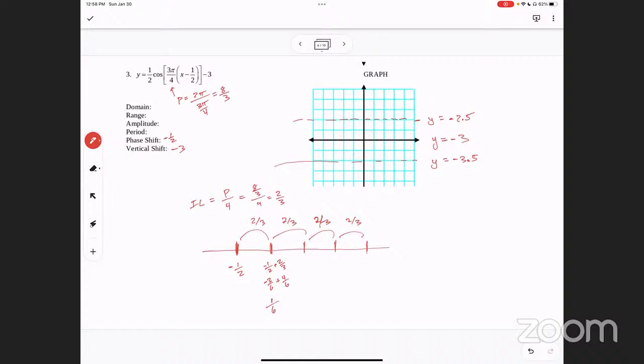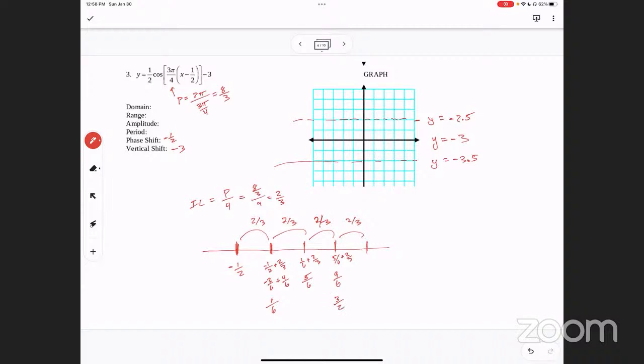Got it? Now I'm adding 2/3 to 1/6. 2/3 is like 4/6, so this is 5/6. Now I'm adding 2/3 to 5/6. So that's 9/6, which is the same as 3/2, right?